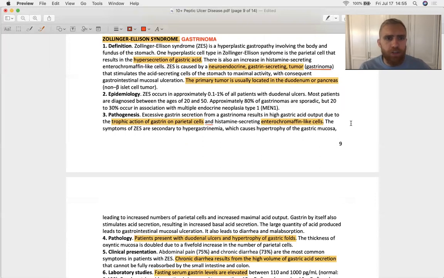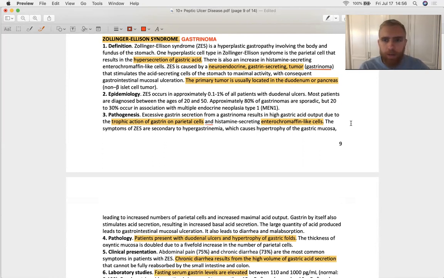Now we discuss Zollinger-Ellison syndrome. It's also a hyperplastic gastropathy, meaning your stomach is growing a little too much. Whereas in Menetrier disease, we saw that epithelial cells were the cells that were hyperplastic.